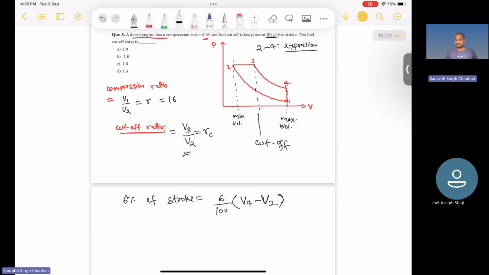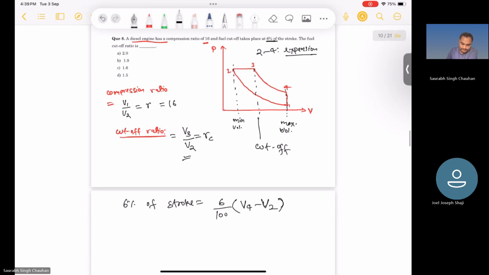It's simple mathematics. We can also write this as V1 minus V2.